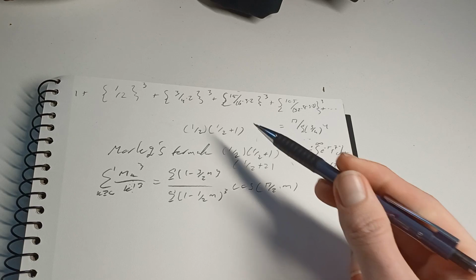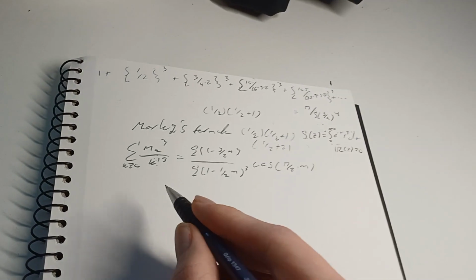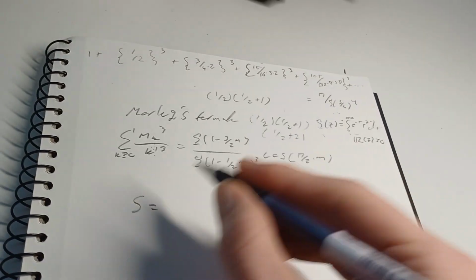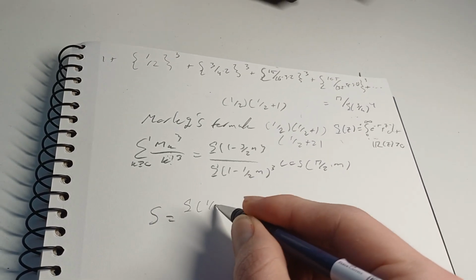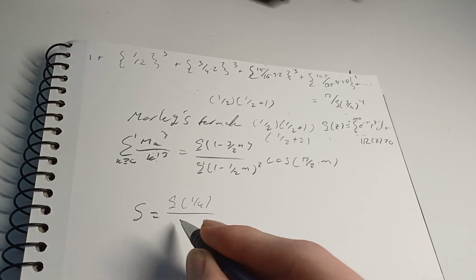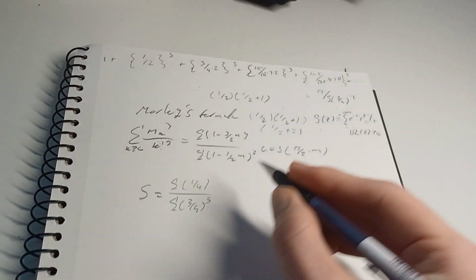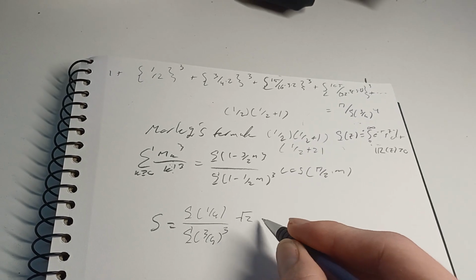So this will continue. So we'll get that the summation that we want is the gamma function of 1/4 over the gamma function of 3/4 cubed, and times square root of 2 over 2.